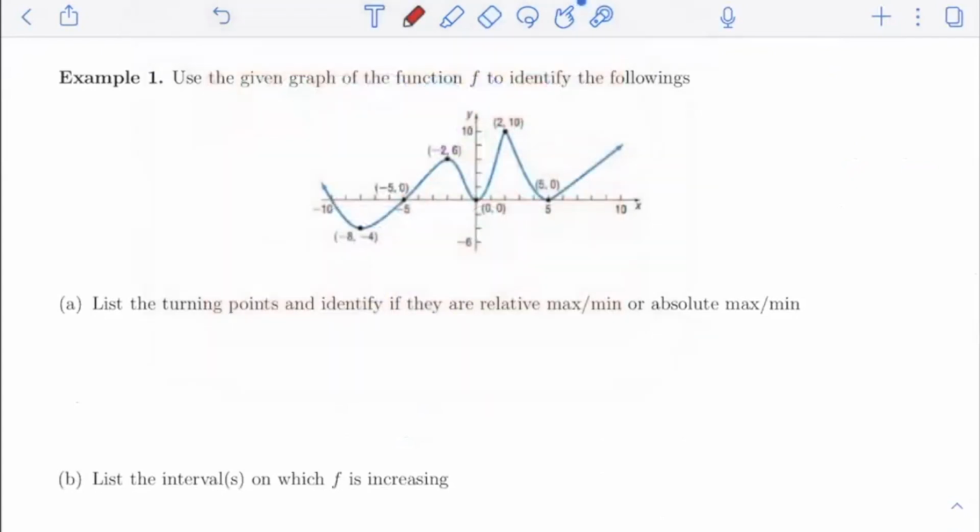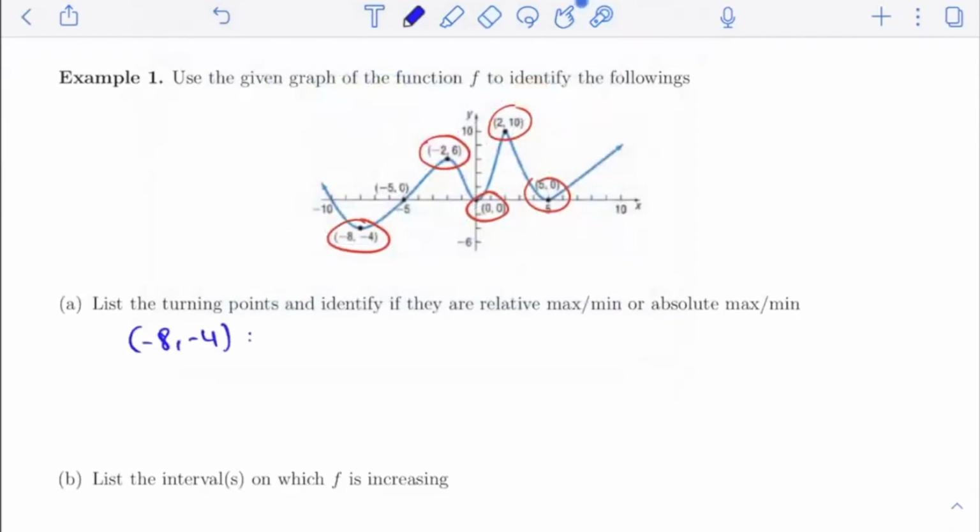Right, so there are a few points that we can consider. The first point is negative 8, negative 4. The second point is negative 2, 6. Then 0, 0, 2, 10, and 5, 0. Alright, so these are the turning points, and by looking at the graph, we can identify if each is a maximum or minimum. So let me list out the points. You have negative 8, negative 4.